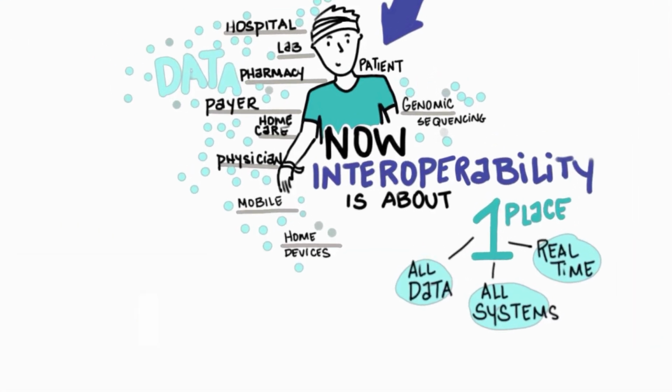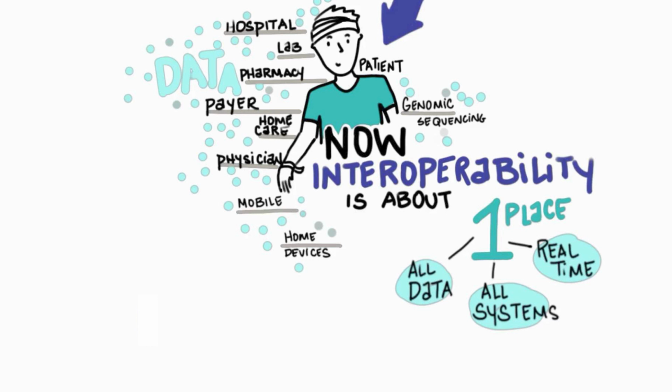So not only are there more systems in the hospital now, but as we know, there's data in a lot more places in healthcare and in health. Pharmacies have data, payer systems have data, patients have data in their mobile devices, clinicians have data in their mobile devices, genomic sequencing labs have data.